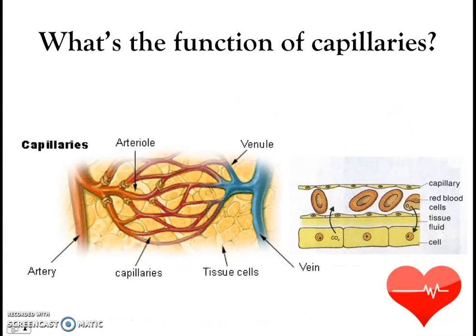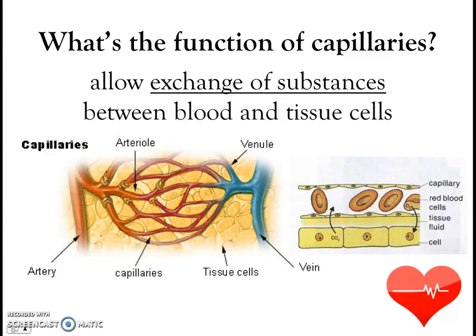Okay, so what's the function of capillaries? Well, they allow the exchange of substances between blood and tissue cells. So here's a diagram of it. Here's our artery. It branches out into arterioles, and the arterioles branch out into capillaries.